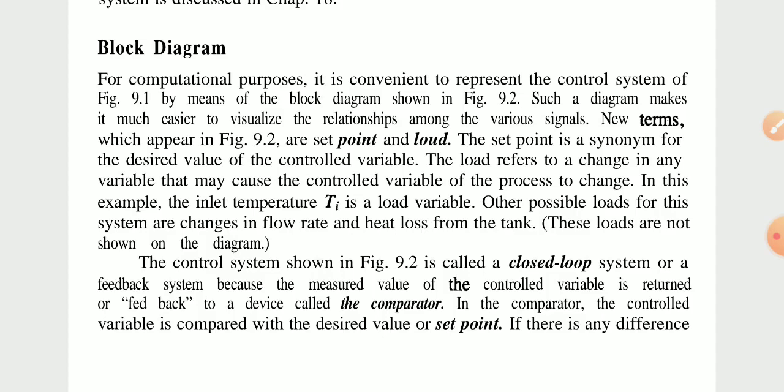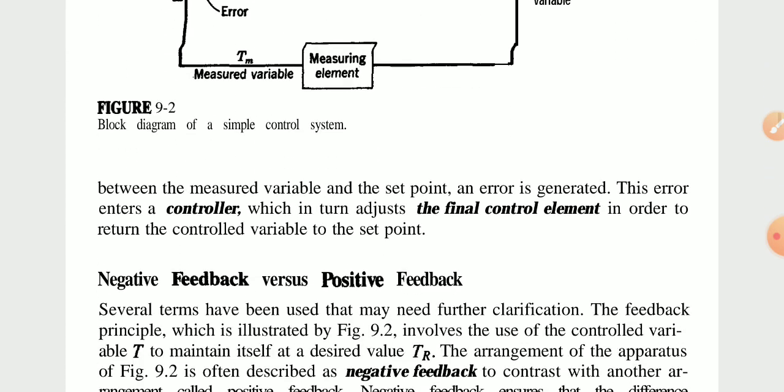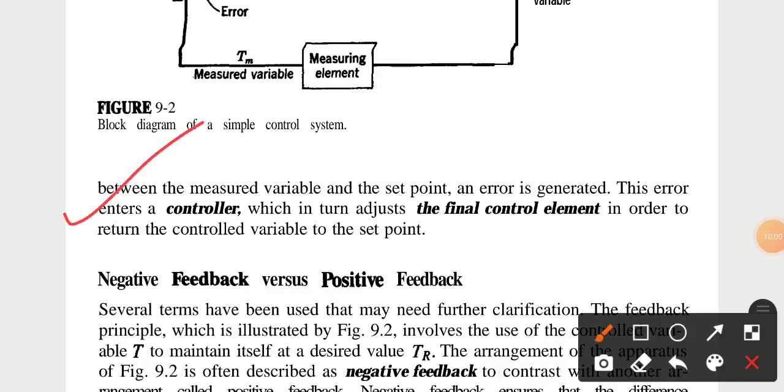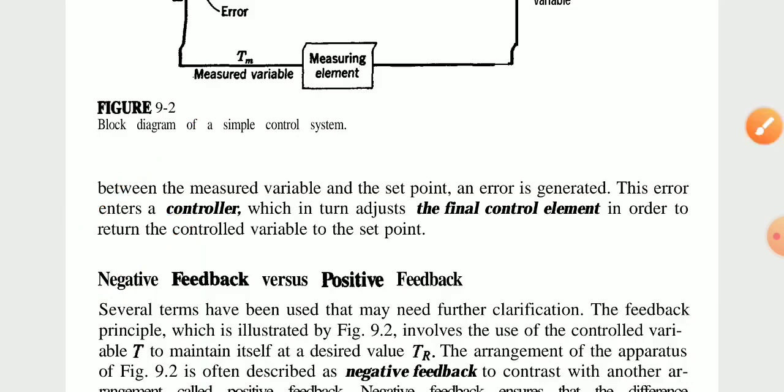If there is any difference between the measured variable and the set point, an error is generated. This error enters a controller, which in turn adjusts the final control element in order to return the control variable to the set point. This is the discussion part for the block diagram.